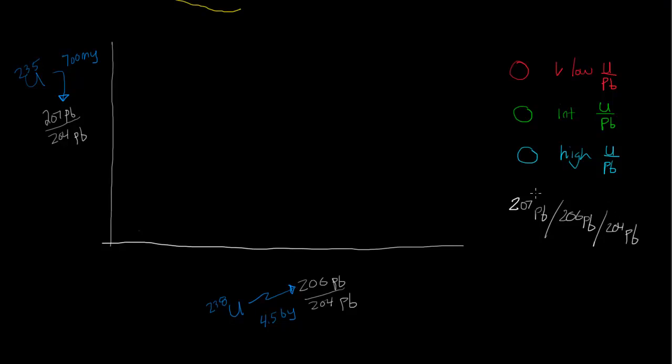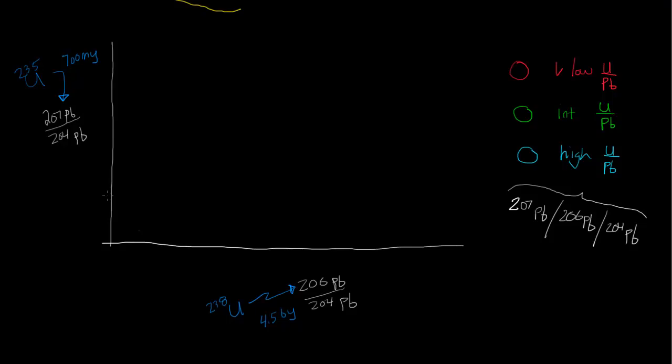These ratios are exactly the same in each of these meteorites. So that means on this diagram, they're going to plot in exactly the same spot, with a lead-lead concentration that is the initial concentration when they formed.